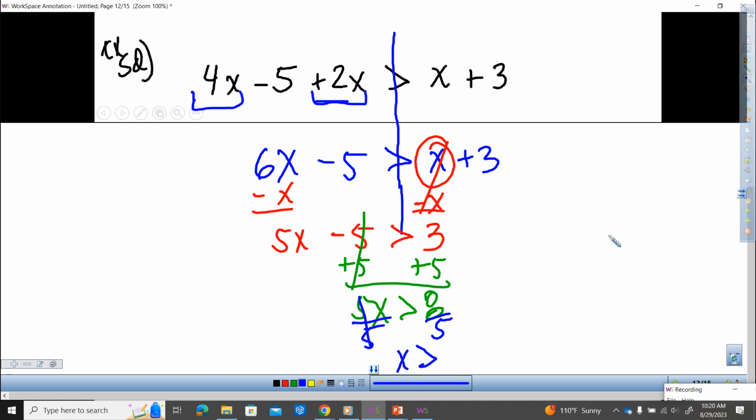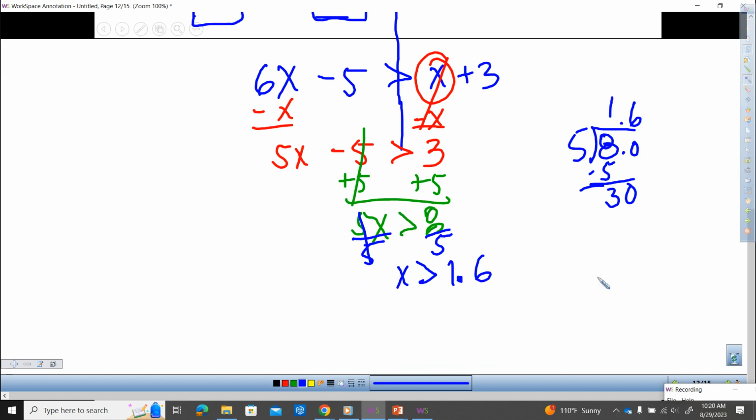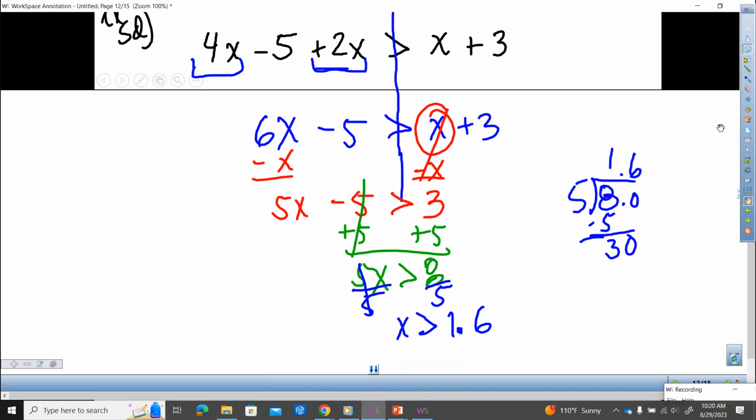x is greater than, let's see, 8 divided by 5, it's in there once, subtract, that's 3, add a decimal, 0, so that is 6, so this is 1.6. All right, so far so good? Yes, Mr. Q. All right, so what would we label this one that we actually got from solving the inequality? DP.